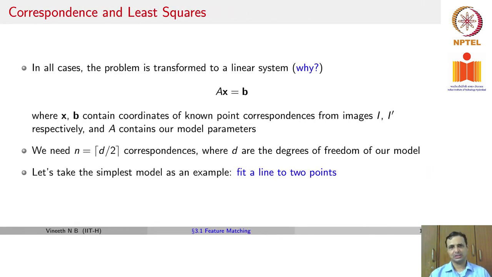Okay, now how do you solve for this, right? So just to repeat what we've talked about so far, we found key points in each of the two images, we found descriptors, and then we matched the descriptors between these two images, and then based on the nearest neighbor approach, we pruned those descriptor matches to a few set of descriptor matches which are strong, and among those, we now want to find out which of them will suit my rigid body model that I'm going to assume for my transformation between the two images.